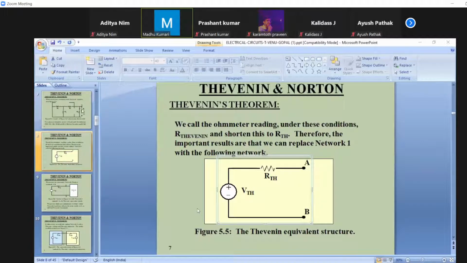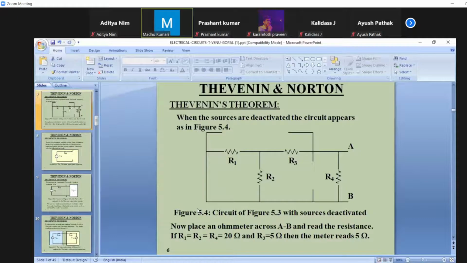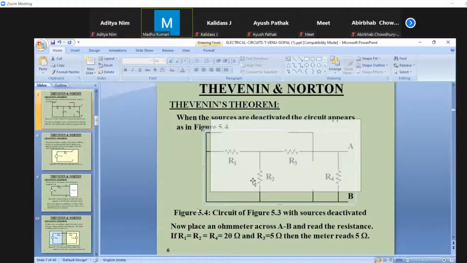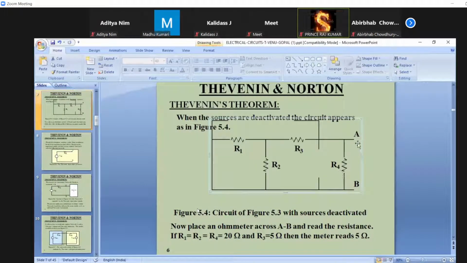So first, see slide number 1. What will be the equivalent resistance of this network? Here, this is open circuited, this one is open circuited, and this one is short circuited. Suppose you are at points A and B, viewing the circuit from A and B. What will be the combination, series or parallel, of these resistances? R1 and R2 will be in parallel.